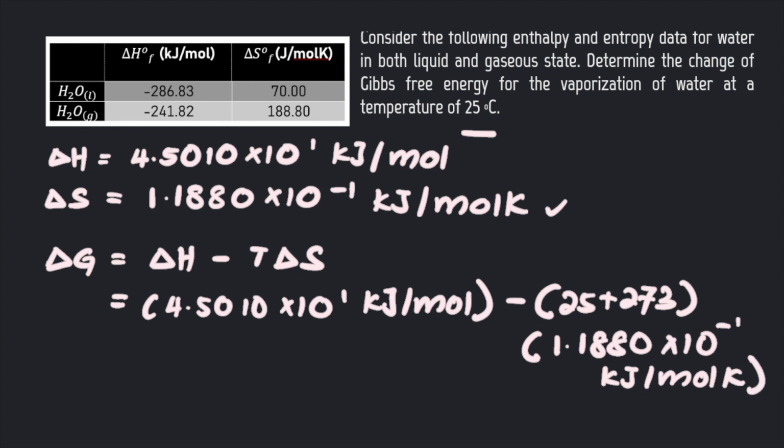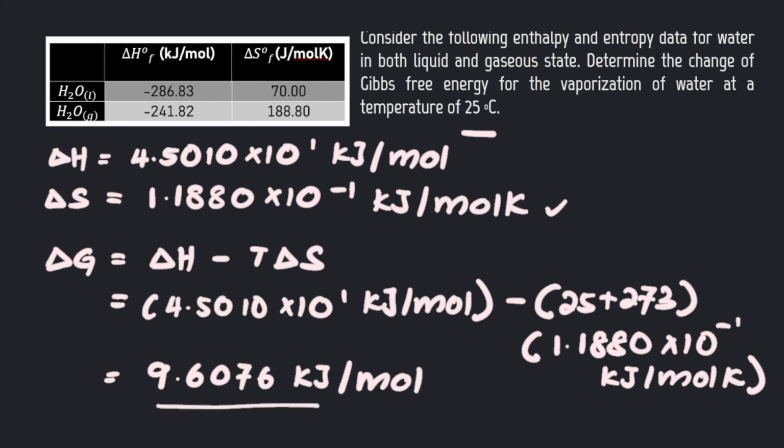So from there, you just have to press your calculator at the end, and you will get 9.6076 kilojoule per mole, right? So this is the final answer for the last question for this quiz.